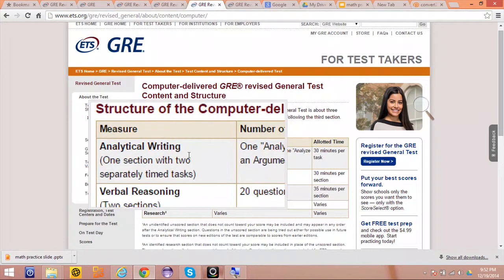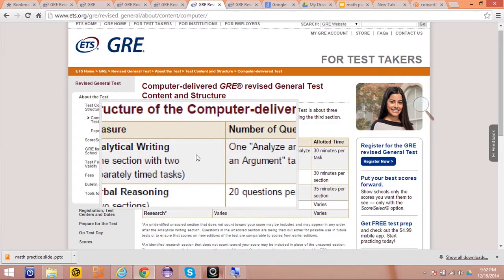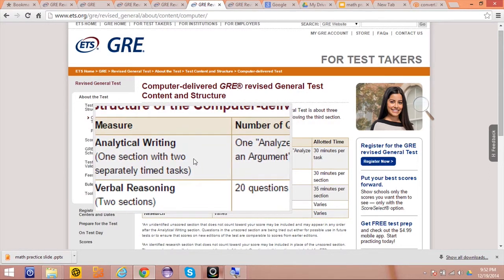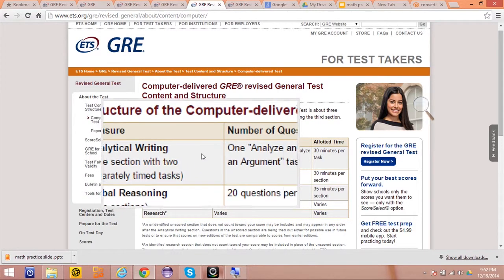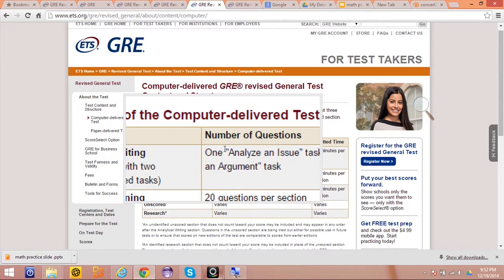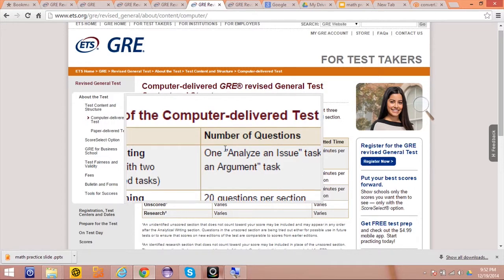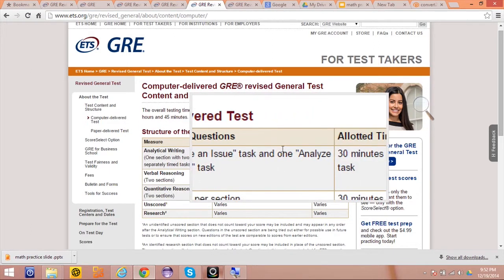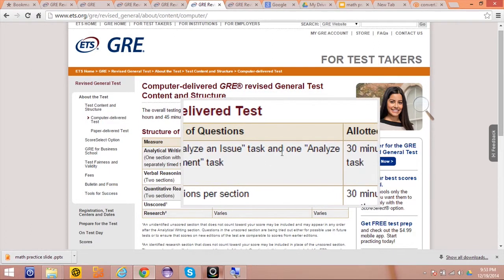Now let's see. Generally, you will get the analytical writing first. Okay, and this has one section with two separate timings. The analytical writing is divided into two parts. There is an issue task, where they may ask what you think about an idea or an argument, and there is also an analyze an argument task.